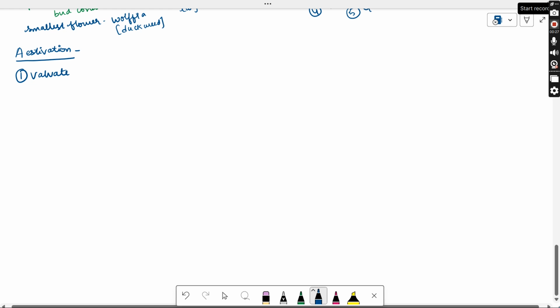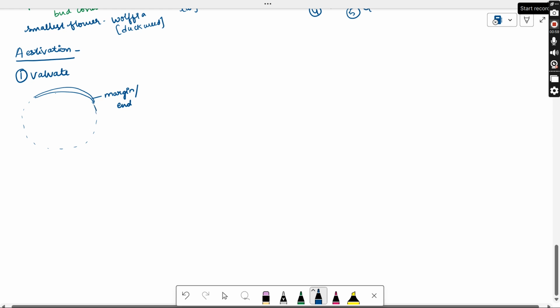Whenever the sepals or petals which are present in the same whorl have margins that touch one another without overlapping. Here, let us take five petals or five sepals. This is one, and this edge we call the margin or the end of the one petal.